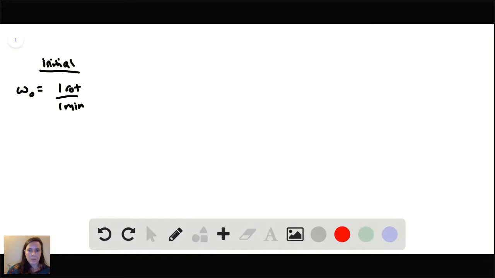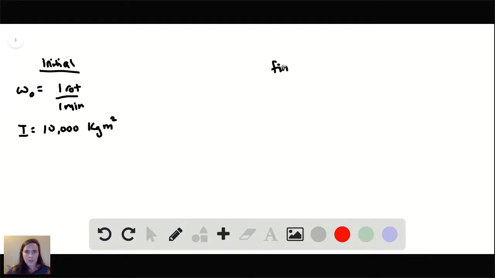Then we know that it has a moment of inertia of 10,000 kilogram meters squared.